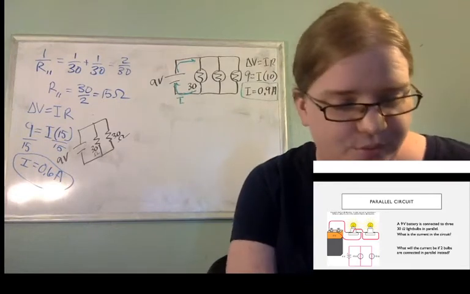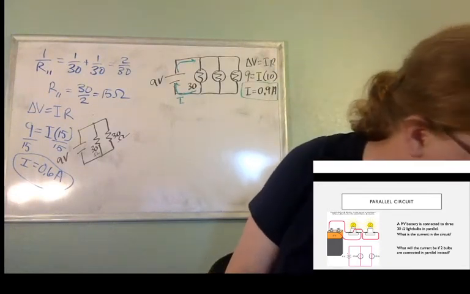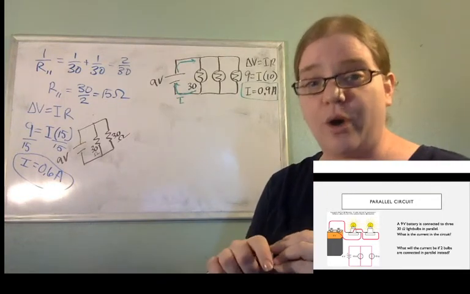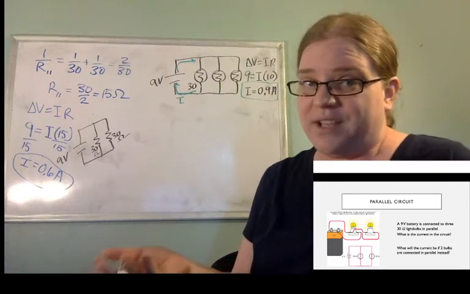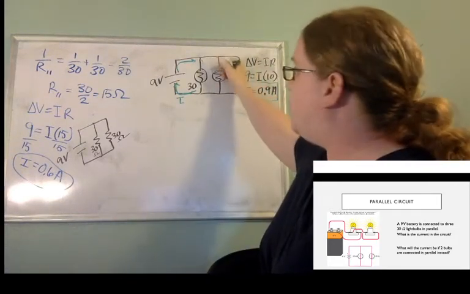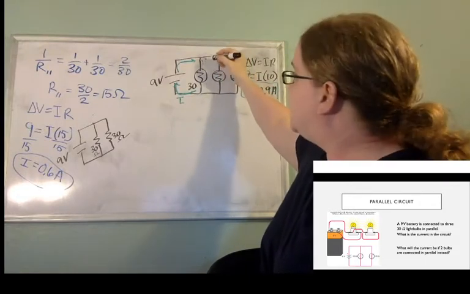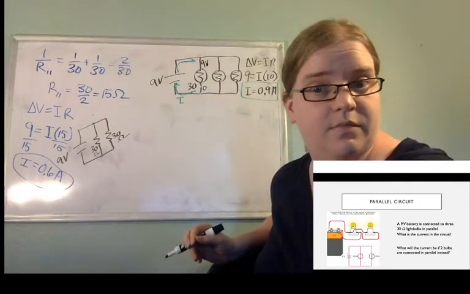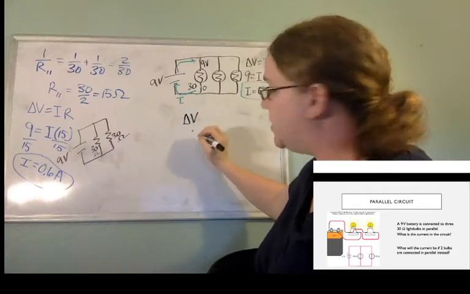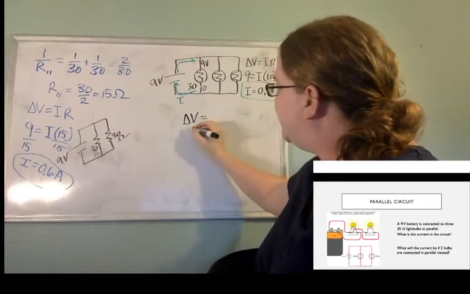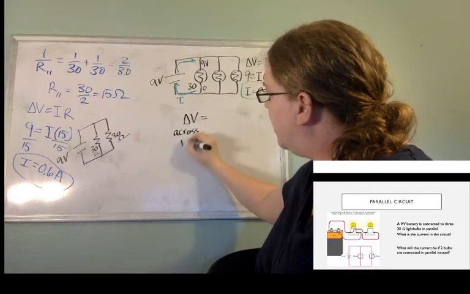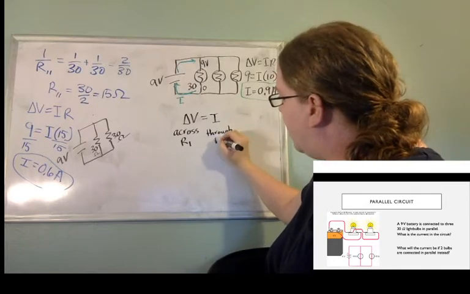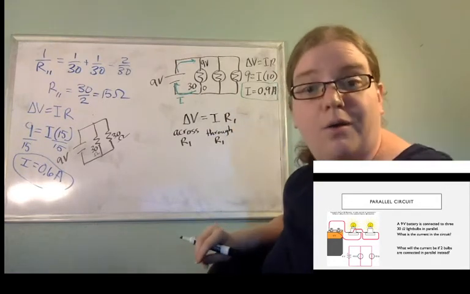Now we're going to apply Ohm's law for a particular element, because we know the resistance and we know the voltage. For one of these resistors, I'm starting at 9 volts and going to 0, and I have a resistance of 30. So I can use delta V just for R1. This is the delta V across R1, the current through R1 times its resistance.